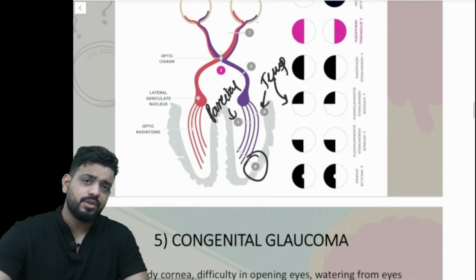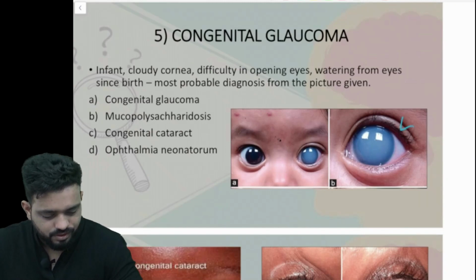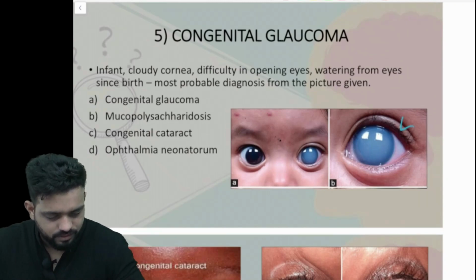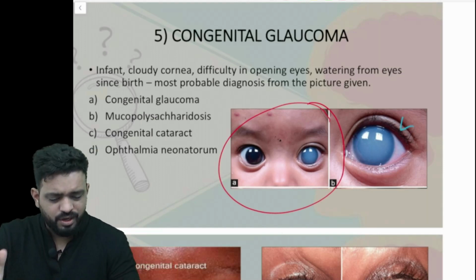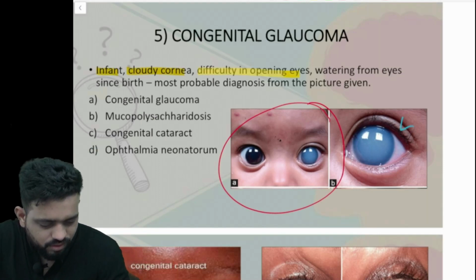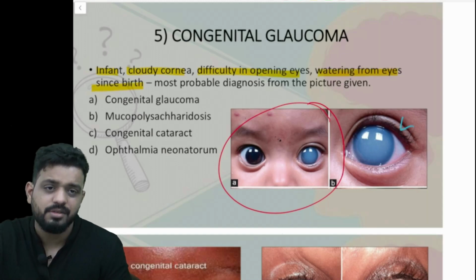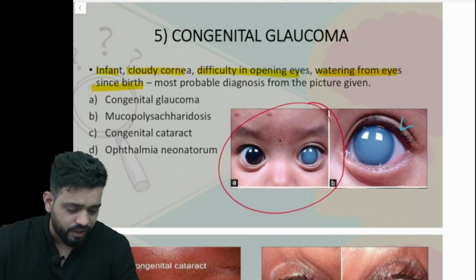So the next question was an image based question again, where something like this was shown. Only one of these two images, that is this, was shown. Very classical. If you can pick up the salient features: infant, cloudy cornea, difficulty in opening eyes, watering from eyes since birth. It is so easy, so classical. Let's put it in scientific terms.